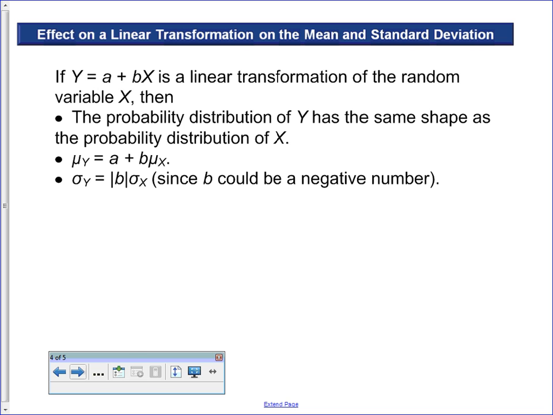The only tricky part is that when we do the standard deviation, we multiply by the absolute value of b, because standard deviation is always a positive number. And since b could be negative, for the mean we don't use the absolute value, but only for the standard deviation. Because remember, part of the formula for standard deviation was squaring, so all the numbers came out positive, and therefore we would wind up with a positive number for standard deviation.